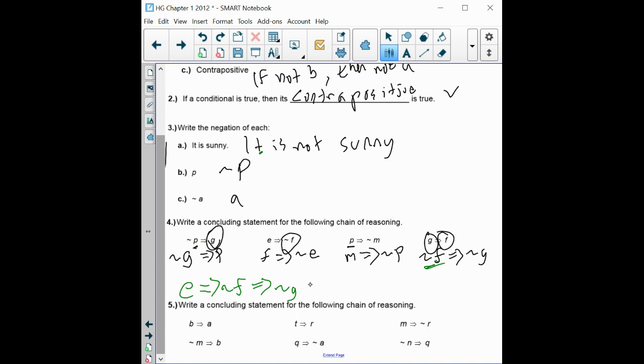Not G leads to P. And finally, based off this guy, P leads to not M. So I have all of this long conditional statement, which means because this leads to this, leads to this, leads to this, I can say from the beginning to the end, if I have E, then based on all of this, it would lead us to not M.